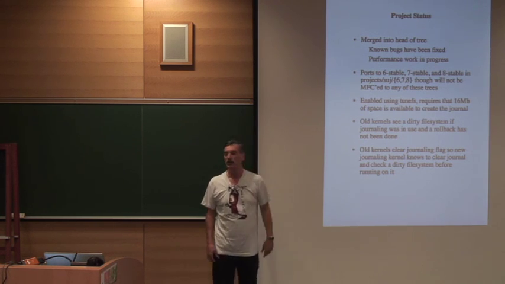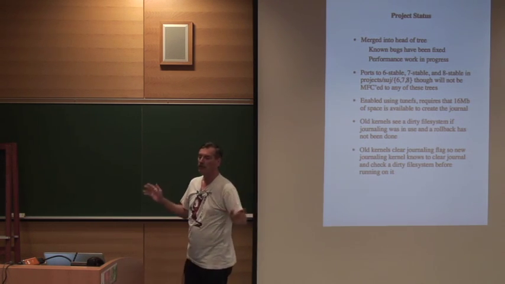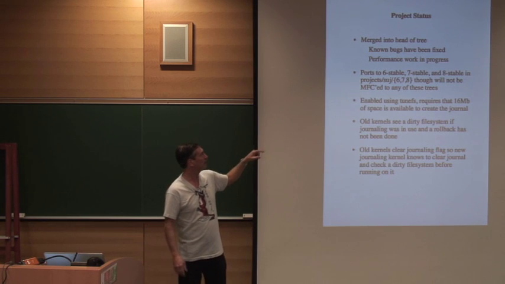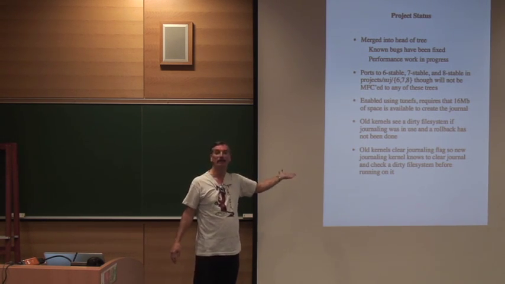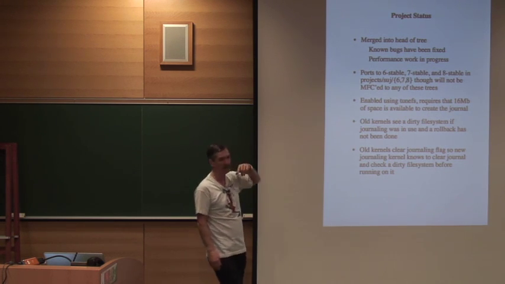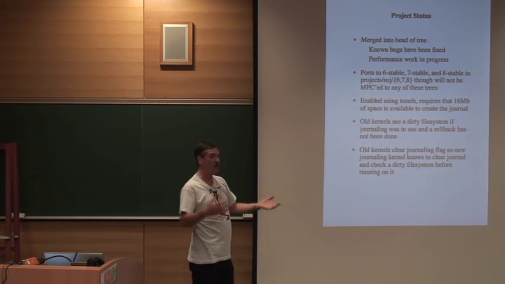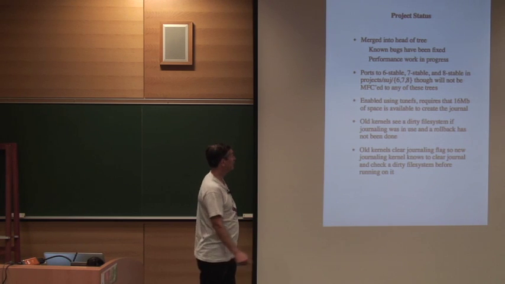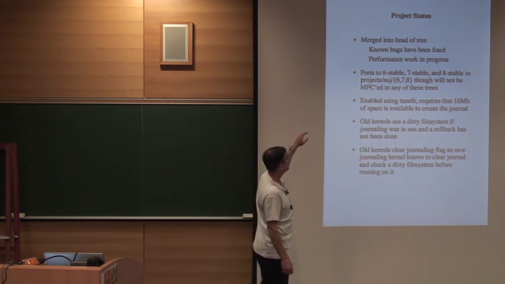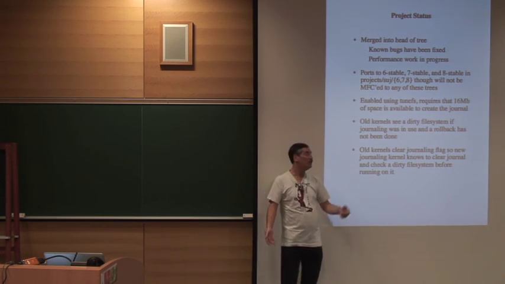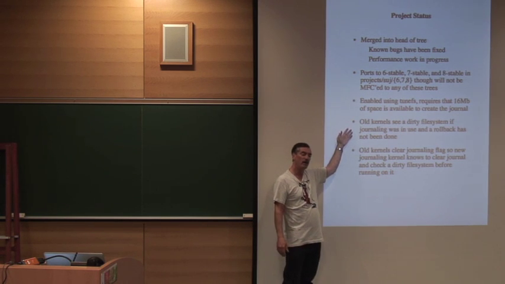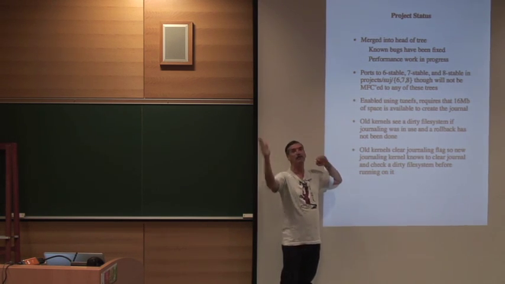At any rate, another one of the issues is what happens when you boot old kernels. You might have a current kernel that you want to test this on, but then you're going to go back and run your stable kernel when you put the thing back into real use. And so we want to be able to know that this sort of thing has happened. If we have a system where we've been running with journaling, and you boot an old non-journaling-aware kernel, it will see that the dirty bit is set on the file system.